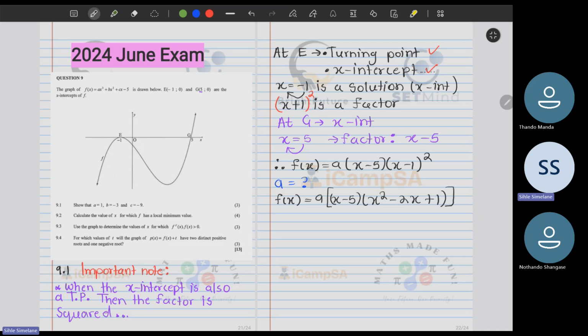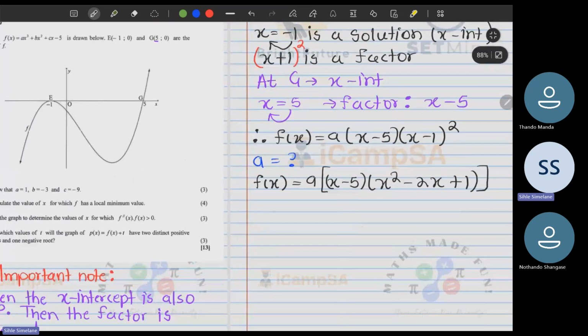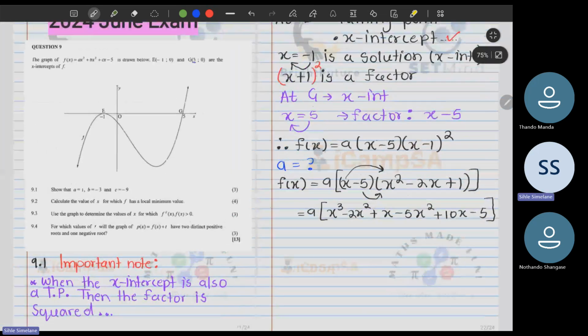Okay, like that. Then now let's multiply this. If you multiply the x into that bracket, you'll get x cubed minus 2x squared plus x. Then we multiply by minus 5. That becomes minus 5x squared, then plus 10x, then minus 5. Okay, close the bracket. Then you'll see that we can collect the like terms.